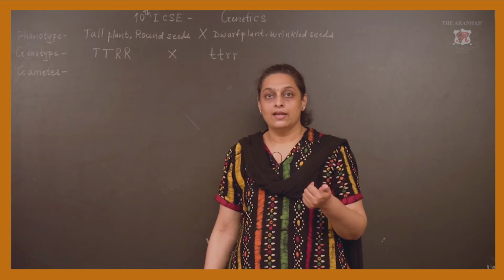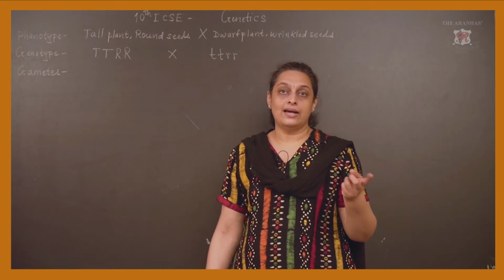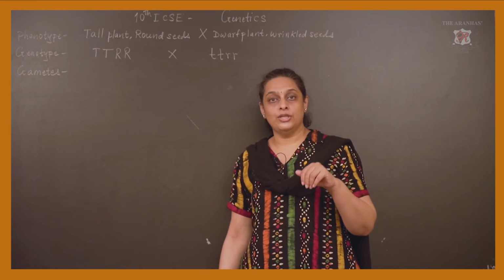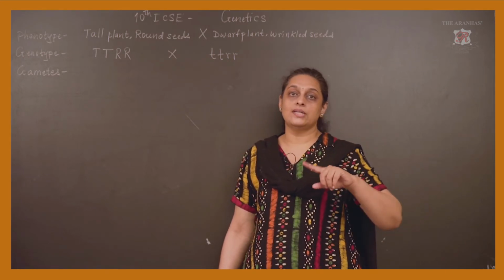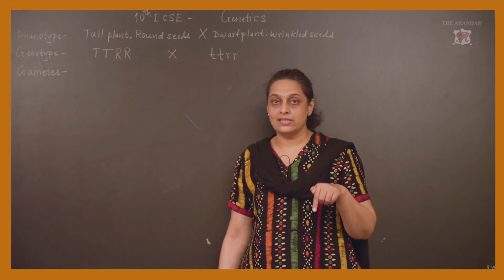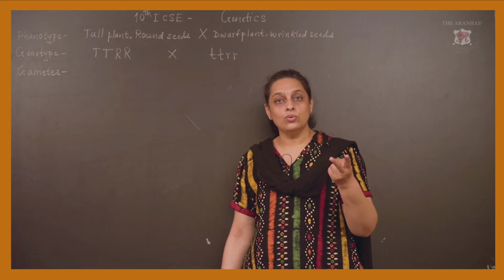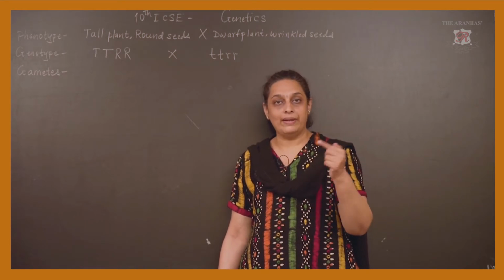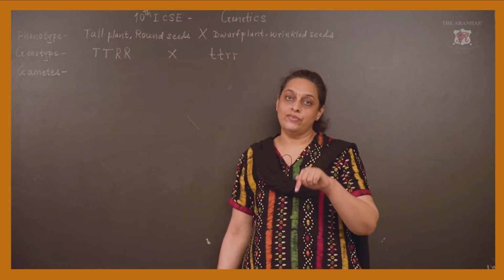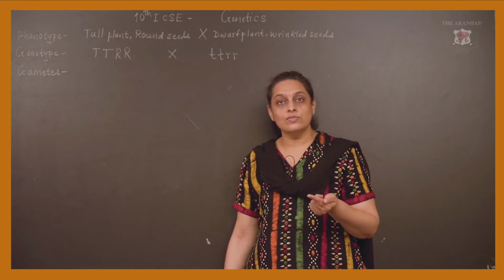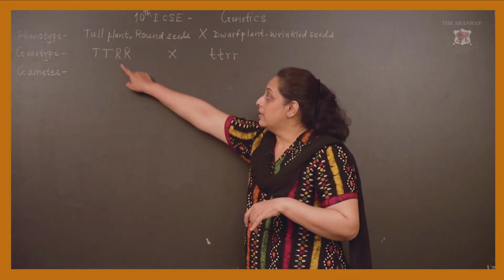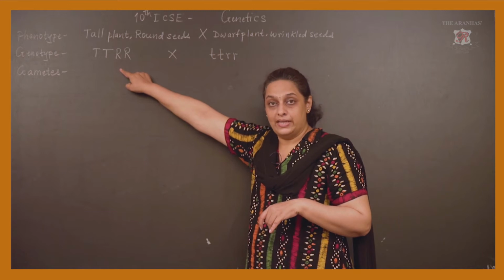So, if you remember our earlier examples, even though in the genotype letter was twice, in the gamete we wrote it only once, because out of 2 only 1 remains in the gamete or 1 is passed on into the gamete, as gamete has only 50% chromosomes or 50% genetic material. Same rule is applicable here.